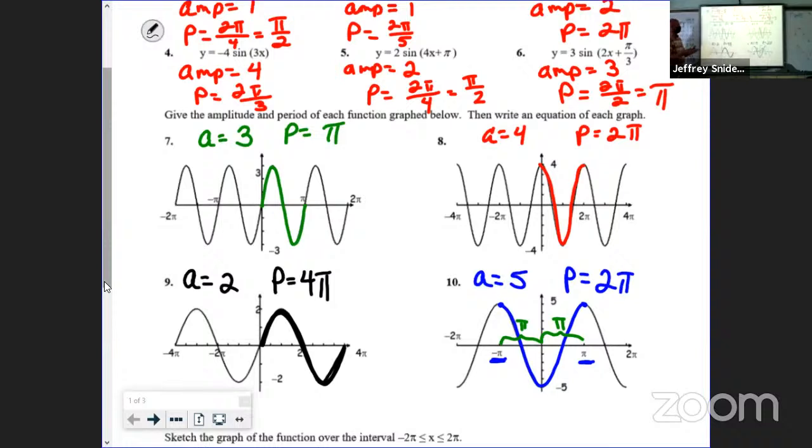All right, so let's think about this. I have A. Check. B. Uh-oh. Remember what we said. The period is equal to 2 pi over B. Correct? So what is B equal to?